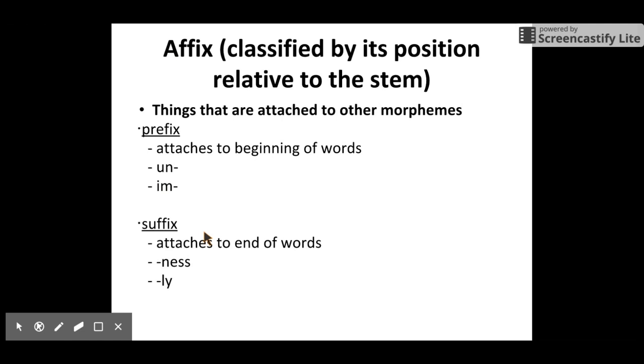And we have some classification for affixes as well. The first classification is based on the position of the affix. If an affix is attached to the beginning of a word, then it is called a prefix.